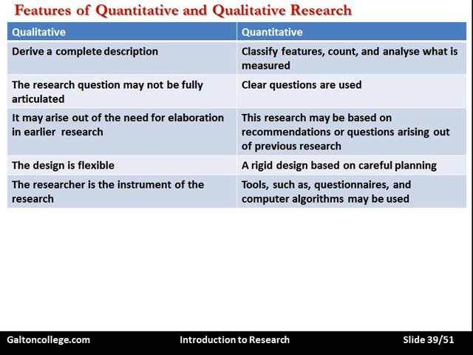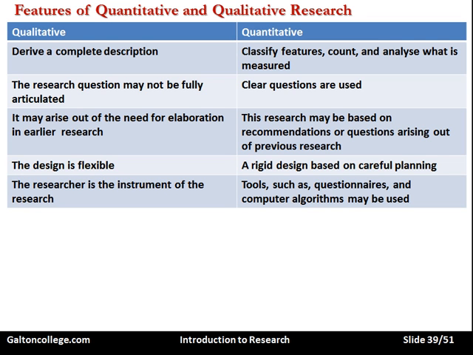With qualitative, the researcher is the instrument for the research as well. The qualitative researcher asks the questions, makes the observations, processes the information, does the analysis. The researcher is the instrument of the research. With quantitative, there are tools such as questionnaires and computer algorithms and data sets, which may be perhaps secondary data which has been processed in a unique fashion, which makes it original.